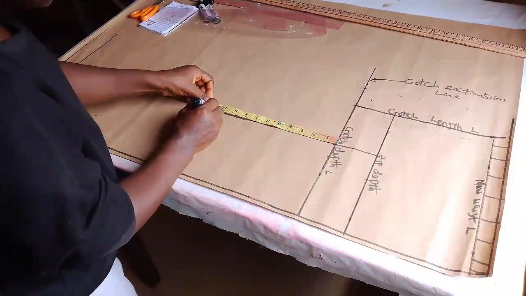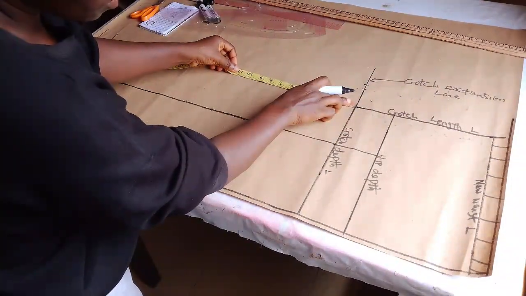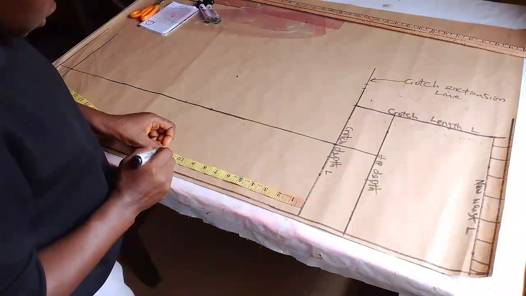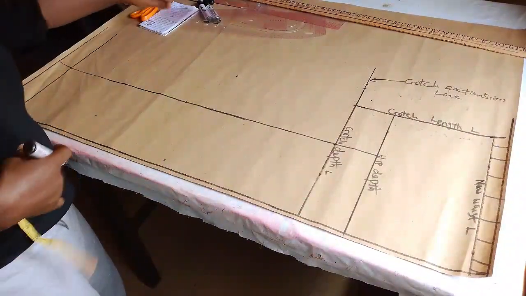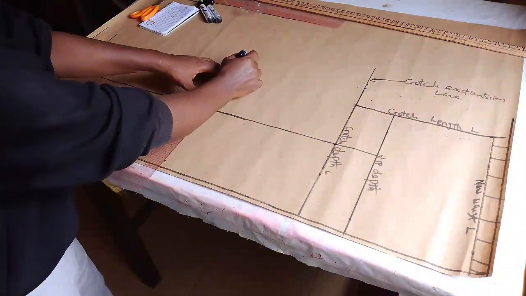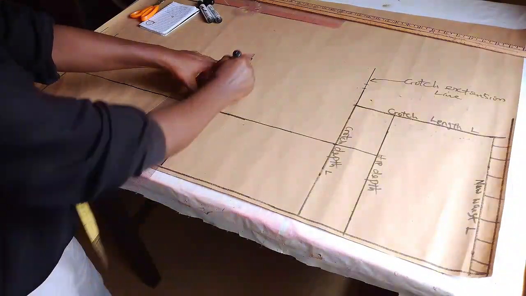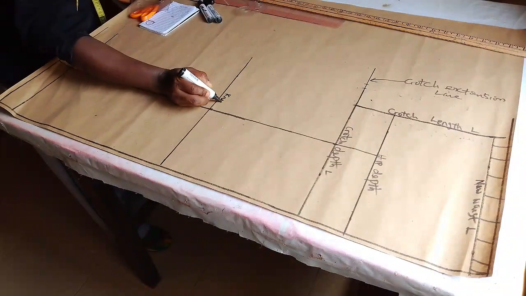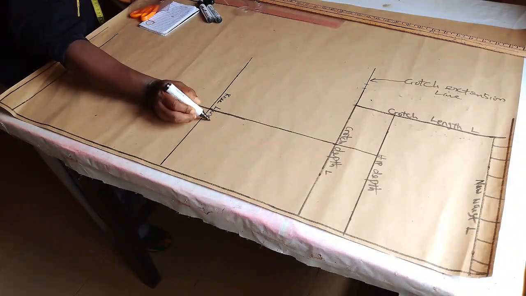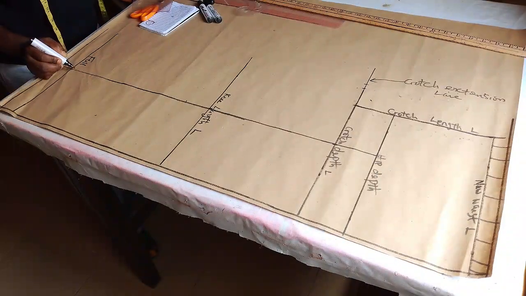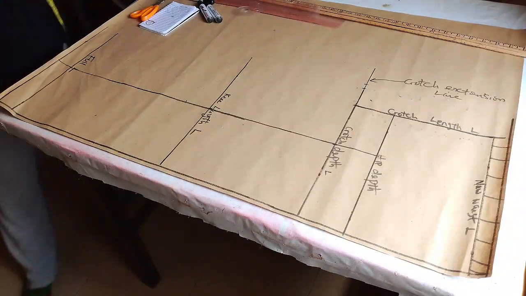So I'm going to mark 11 inches. I'll just extend it so that I can get a very straight line. So here becomes our knee length line. And here is the full length of the pant.